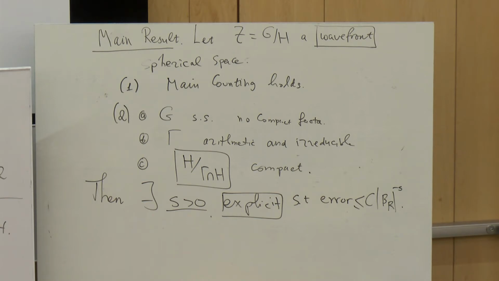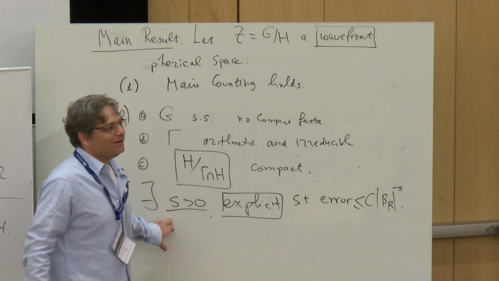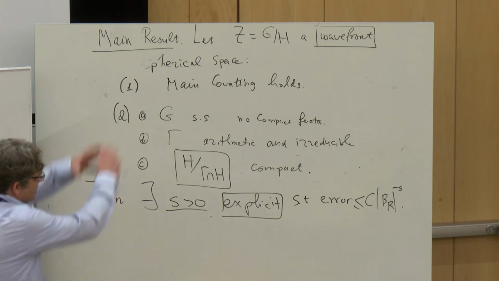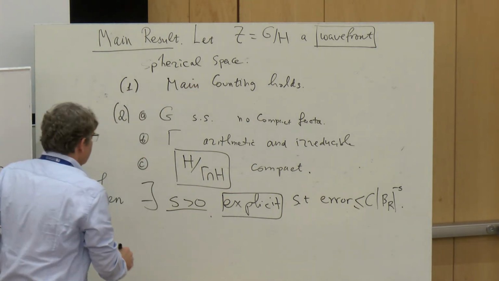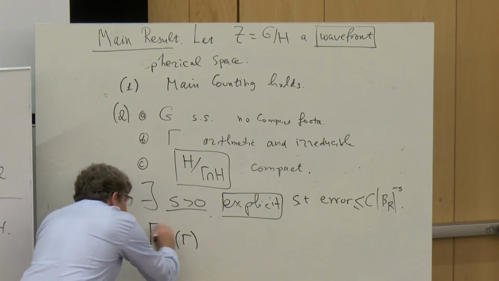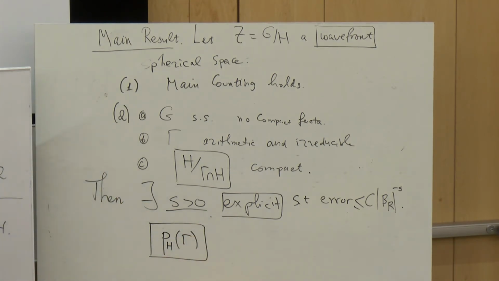But this is a matter of trust, or going to the archive. We can write a formula for s which involves what we call the rank of the spherical space, the dimensions of the spaces involved, and in particular a parameter which we denote pH gamma, studied by previous researchers. This is the reason I'm mentioning it, because it's the beginning of the argument in some sense.